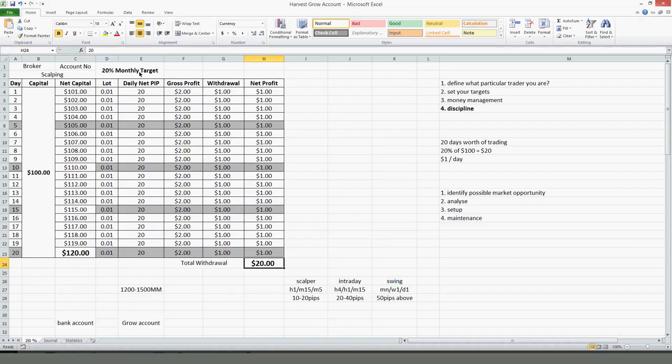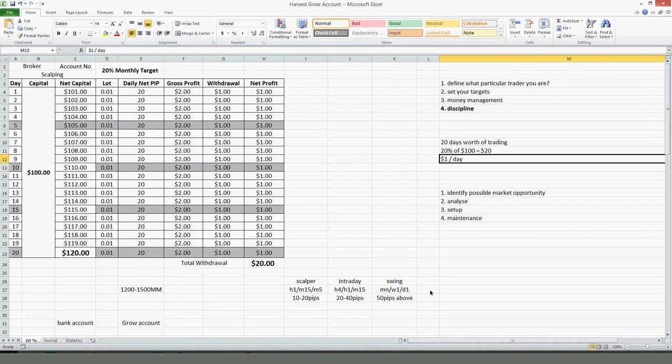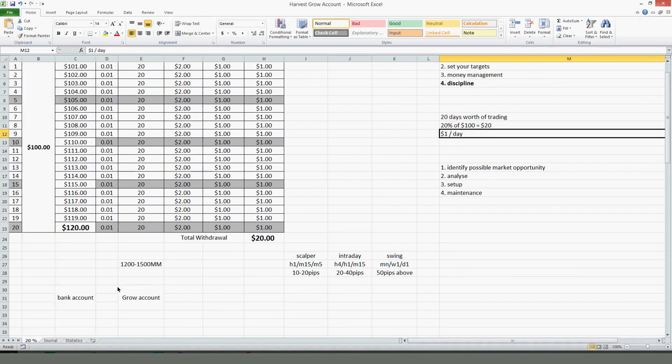Okay, so ultimately you're not actually growing your account 20%, but you're growing it about 50%. However, it is very important that you set your daily goals, because according to this calculation, you know that you only need to achieve $1 a day to grow this account.